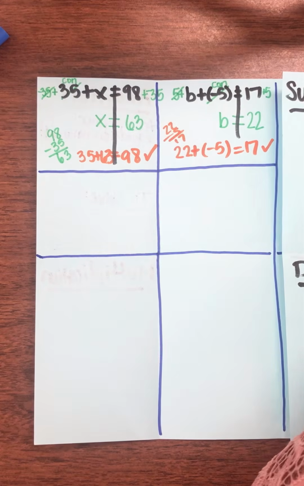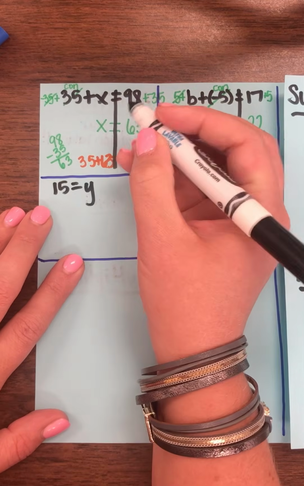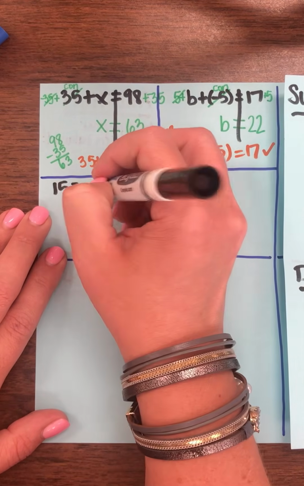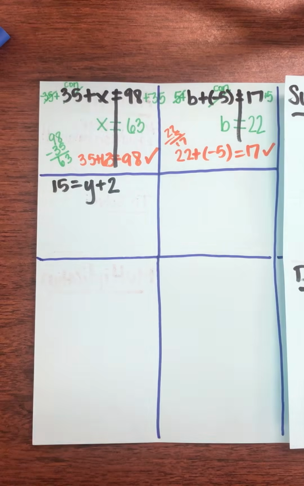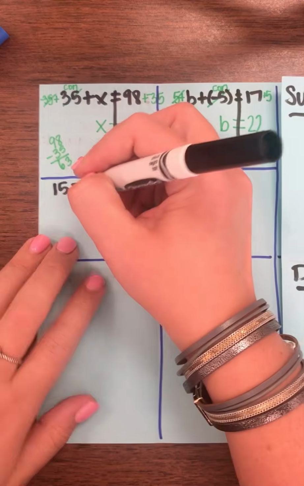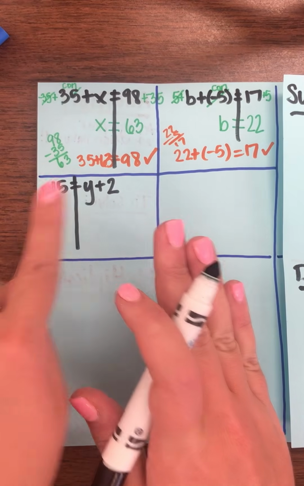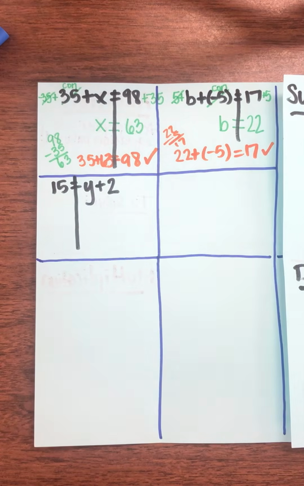15 equals y plus 2. Okay, so I'm gonna draw my line. Again, whatever we do to one side, we do to the other.